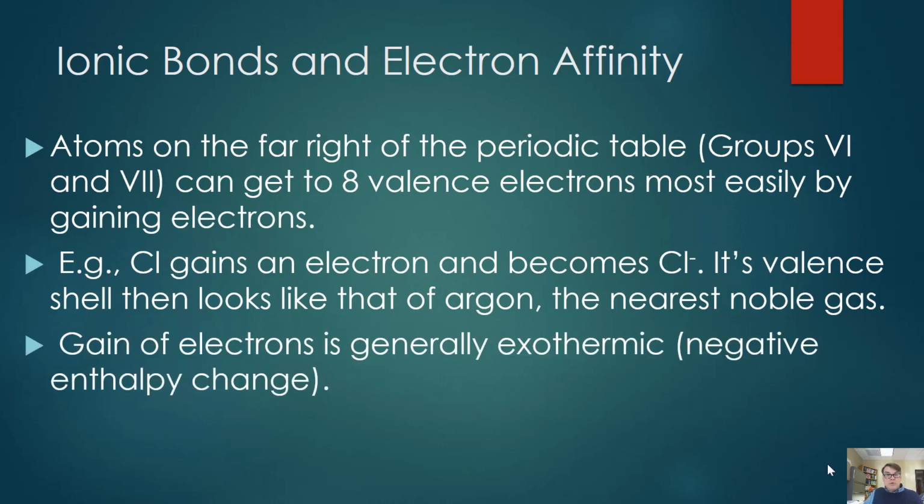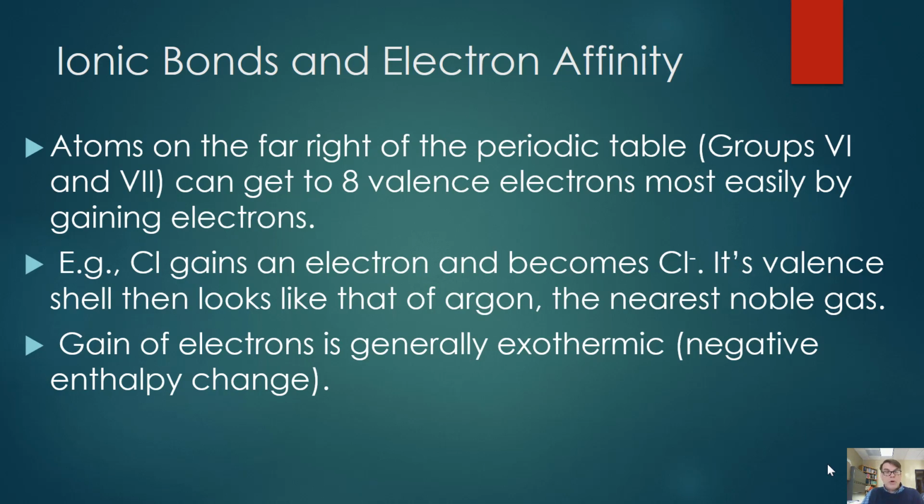So opposite to the alkali metals, a gain of electrons is generally exothermic. That is to say, chlorine usually gives away energy in order to gain an electron, and that's a negative enthalpy change because it's getting rid of energy. Again, it doesn't make common sense to me, but this is what the textbook says.